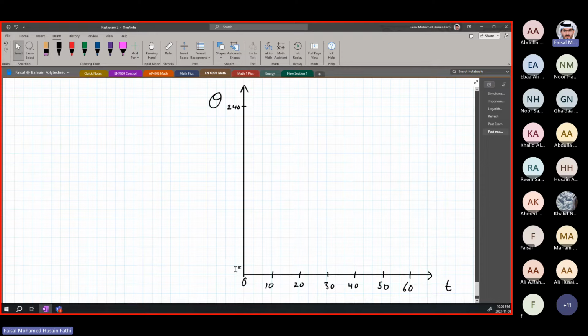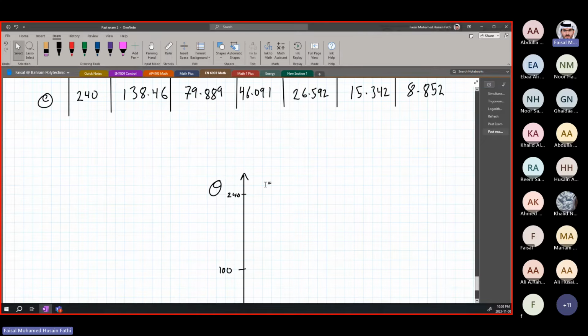So 10, 20, 30, 40, 50, 60, 70, 80, 90, 100, so this is our 100 mark. It will be a bit longer, so let's extend it just in case.